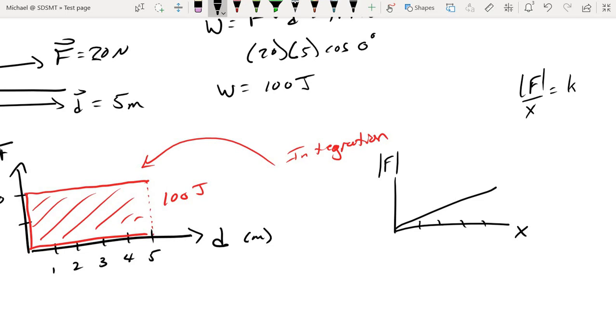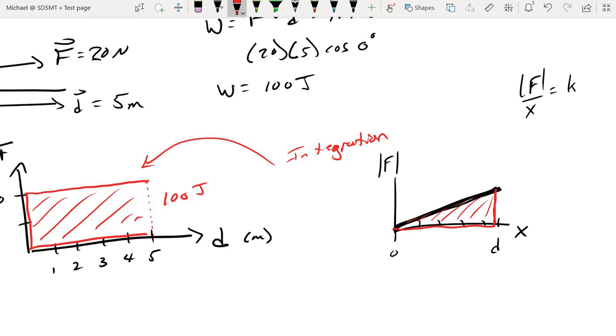And that was the slope of the line here. And so if I start from 0 and I go out to some final position, we'll call it D, with our spring force, what is the area underneath that function?